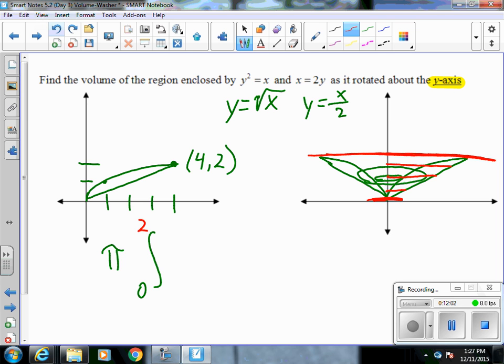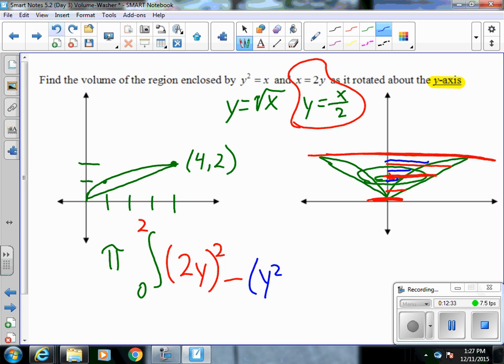So we're talking about this function. Instead of putting x over 2, we're going to put 2y. We actually take 2y minus the 0, subtract from right to left, squared for big R. Minus little r squared. Well, little r is going to be the distance from this curved line to the y-axis. The curved line was radical x, but in terms of y, it's really y squared.